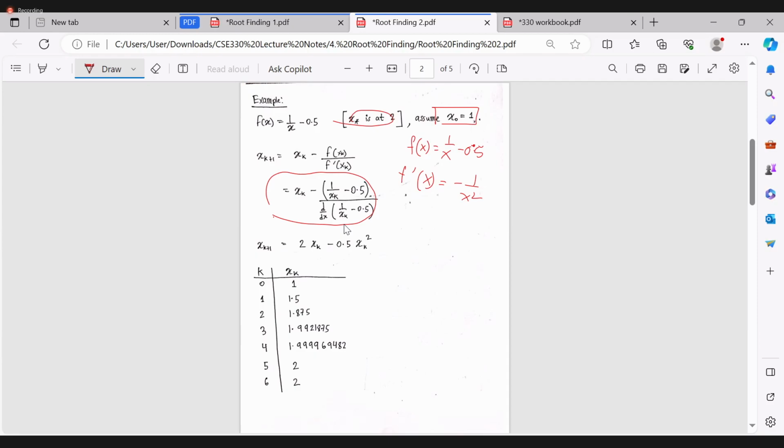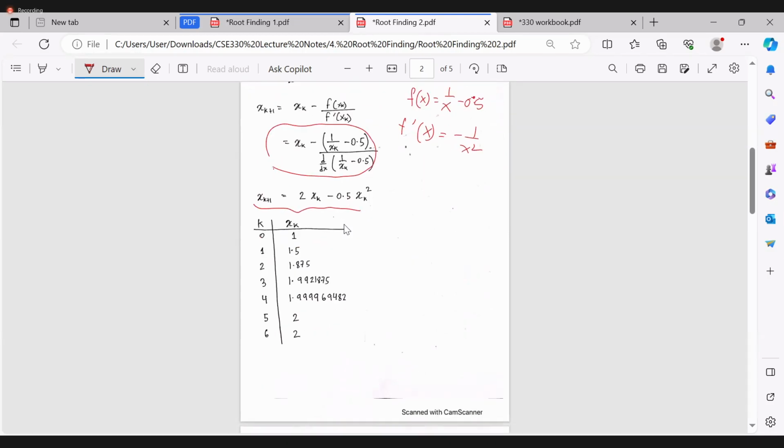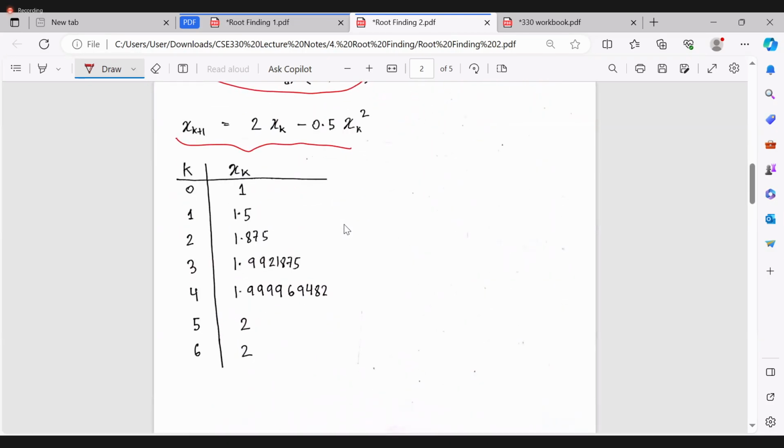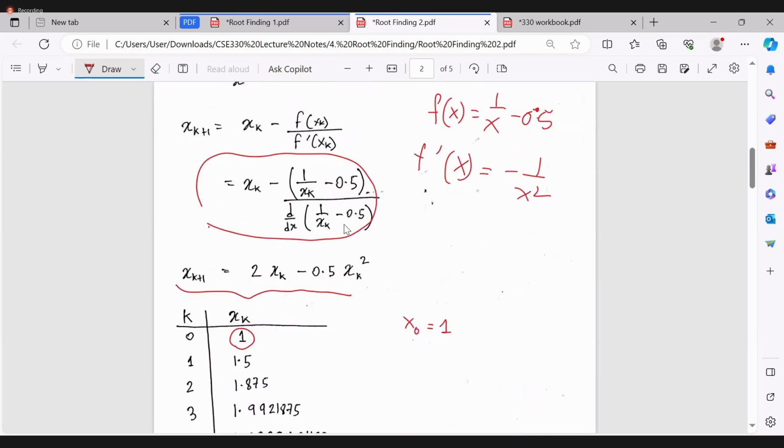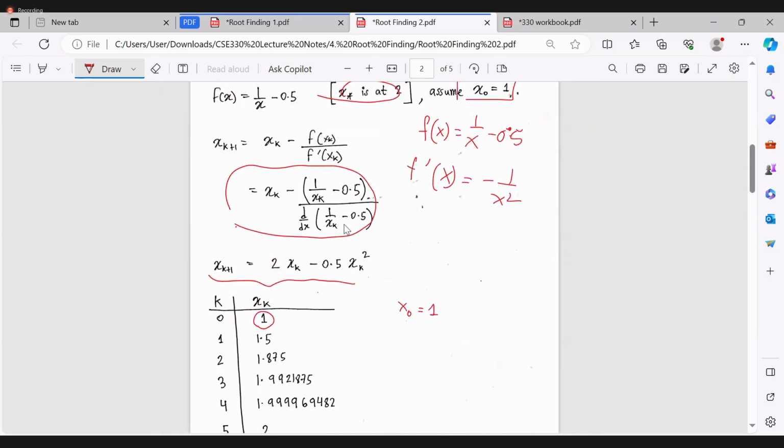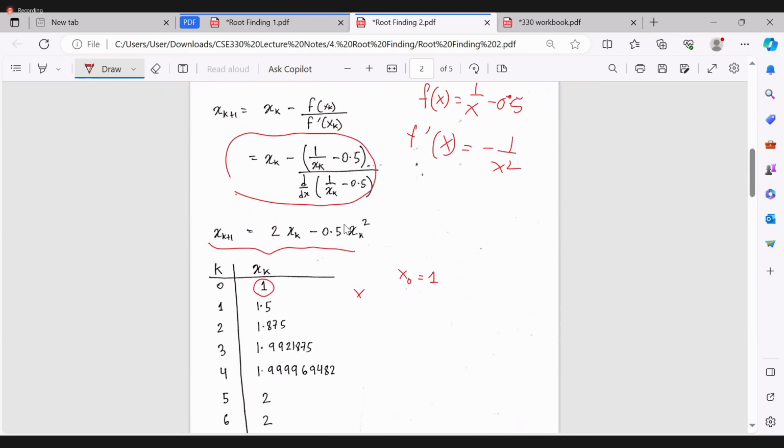They simplified it here and made this formula. So if you start with 1, that is your x0 is 1. So x1 would be x0 minus f(x0) divided by f prime x0, and you get 1.5.